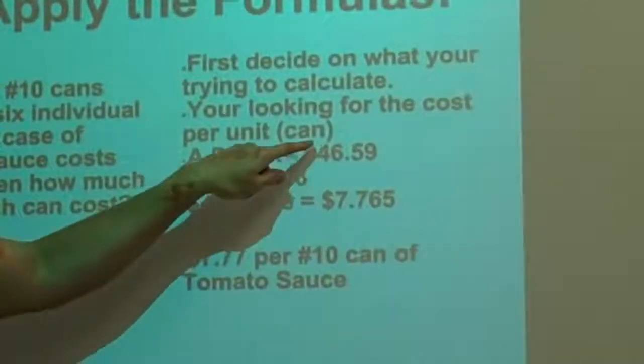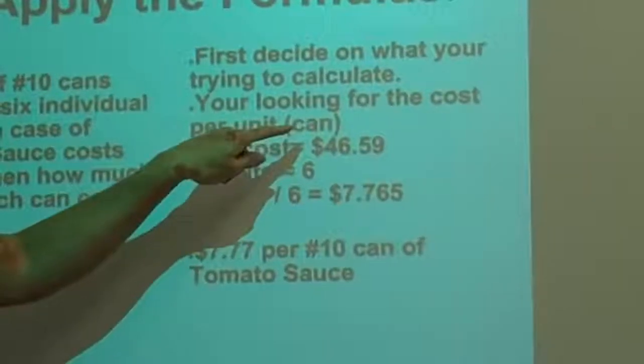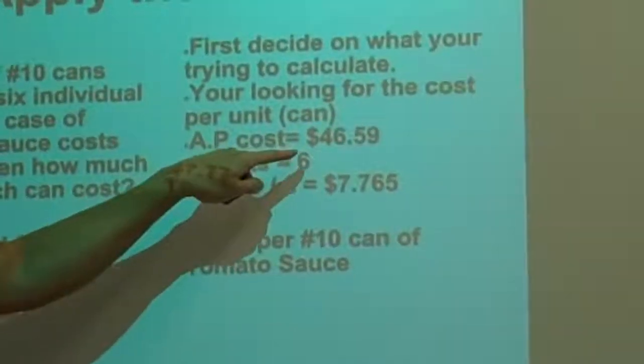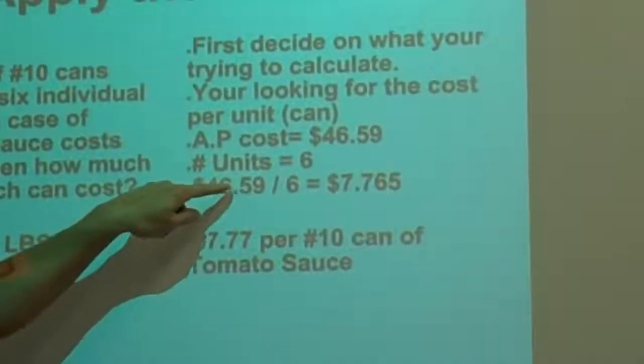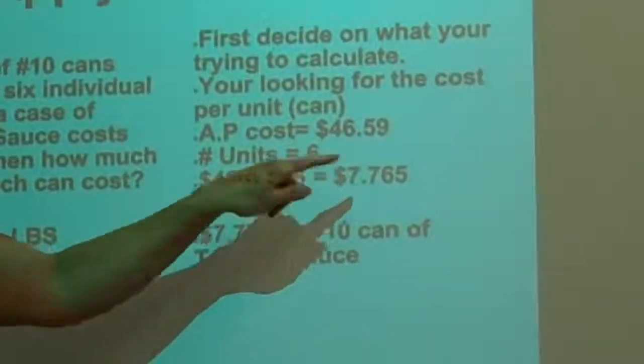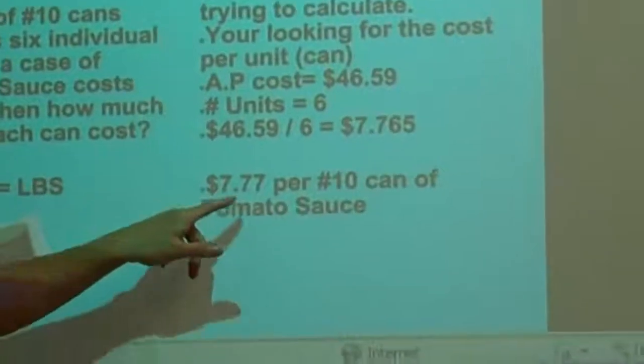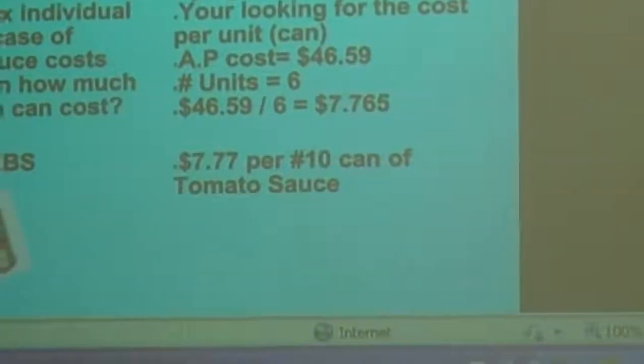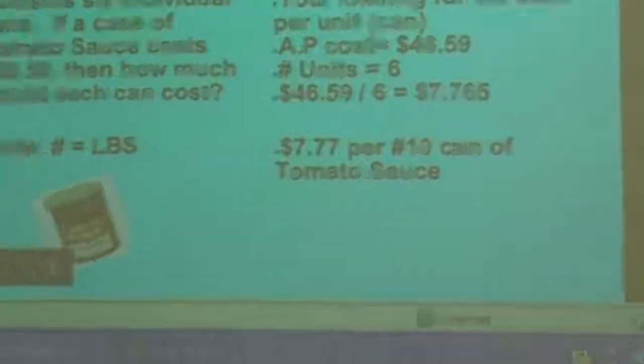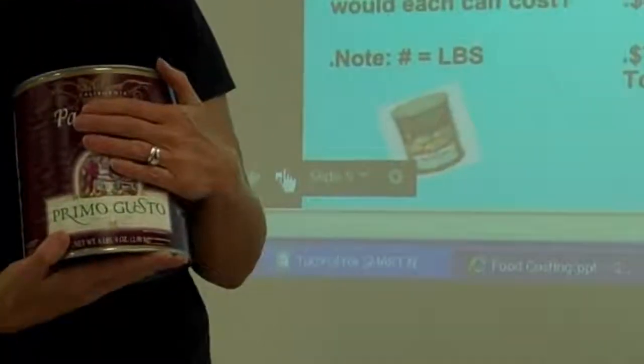AP cost is $46.59 for the whole case. Inside the case are 6 cans. $46.59 divided by 6 is $7.77. You would round up there. So $7.77 for each can of tomato sauce. So this can costs us $7.77.